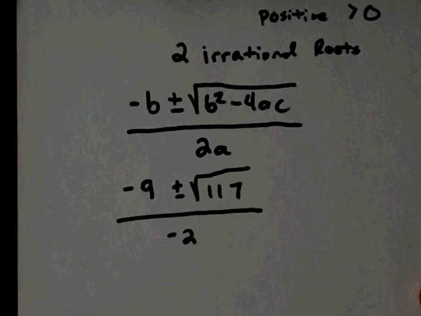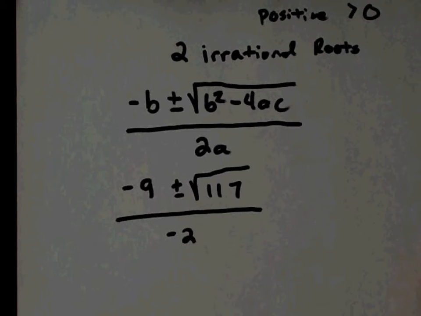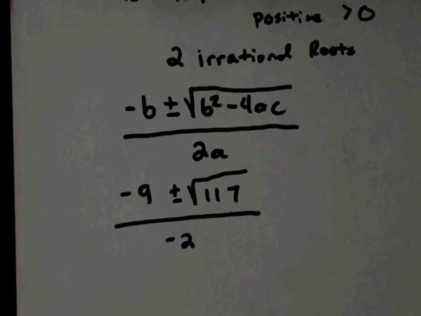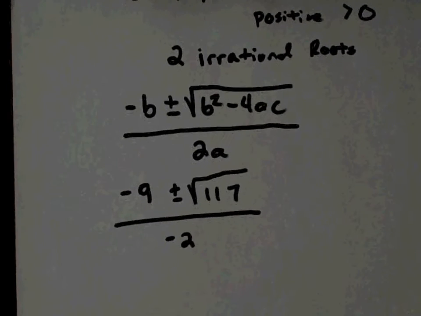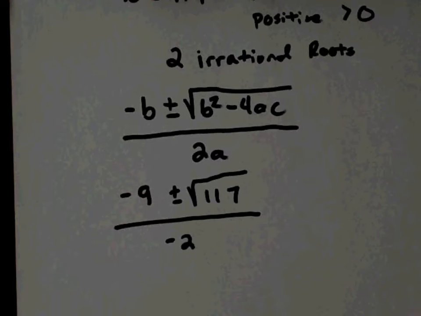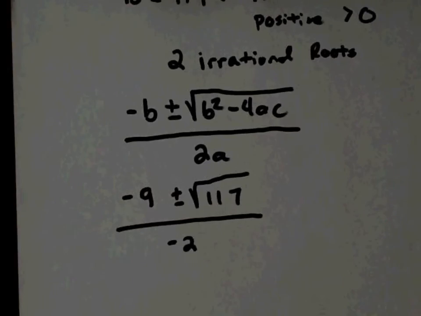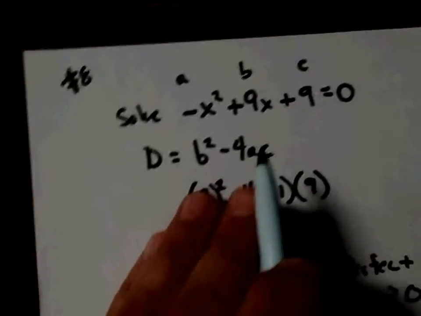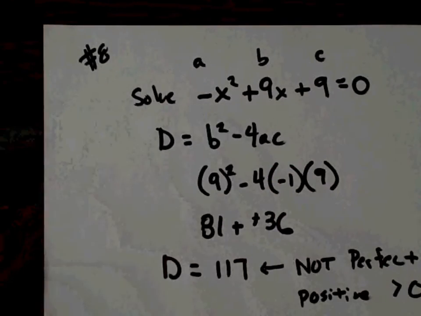Okay? Why are they getting 13? If y'all do these right here, do you get a different value than my discriminant?